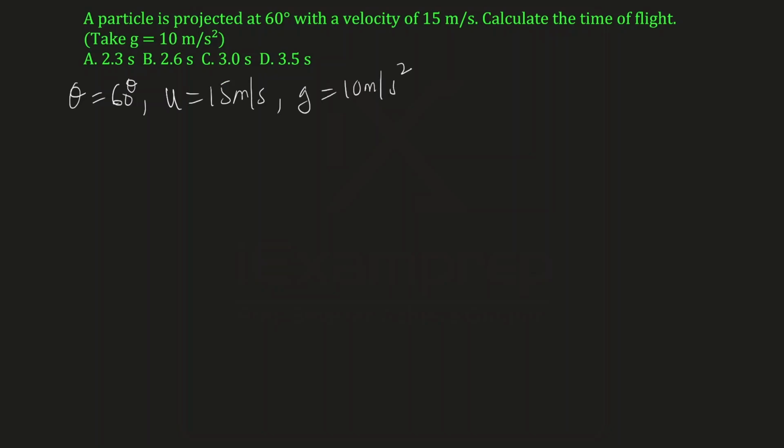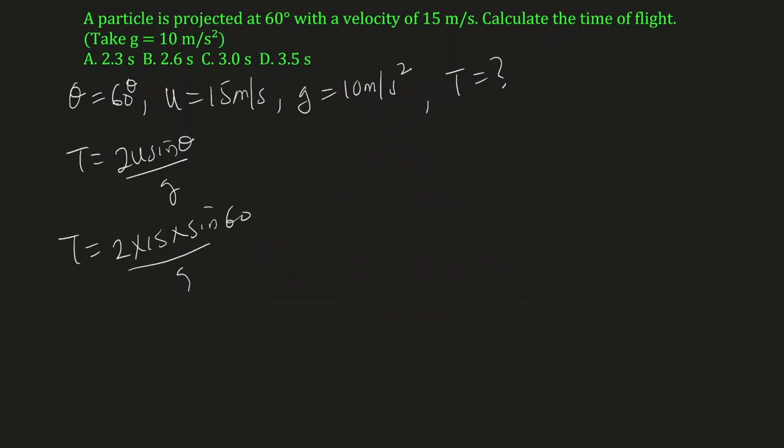And the question is: calculate the time of flight. So we are looking for time of flight, big T. You can go ahead and use the equation of time of flight, which is 2u sine theta over g. That is going to give us 2 times 15 multiplied by sine 60 over g.